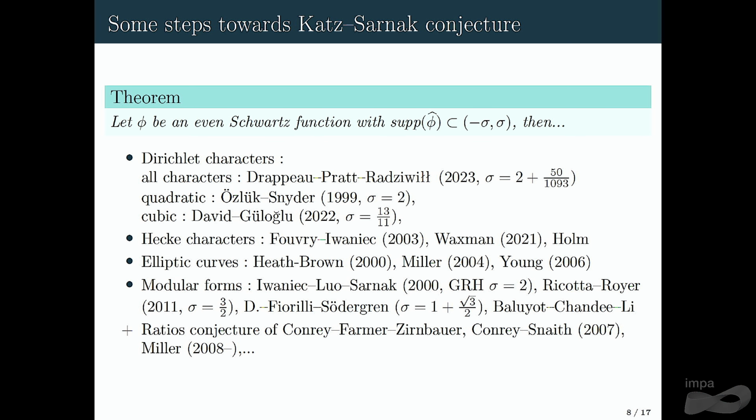I did not write all the possible supports, but there are some families where it's possible to get up to 2, and then it is difficult to pass 2. And sometimes it's possible to get up to 1, and then it's difficult to pass 1. Usually, the larger the family is, the easier it is to have a big support, because you're making a larger average, so you can have a better result.